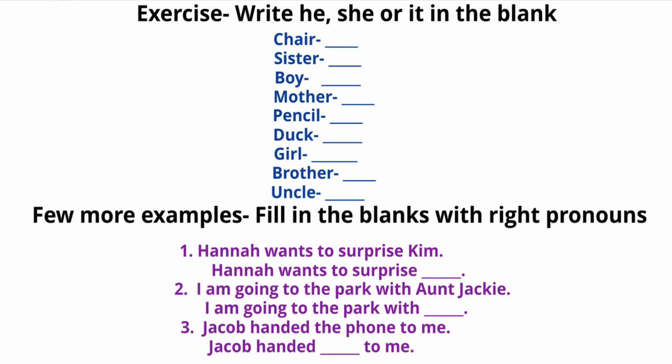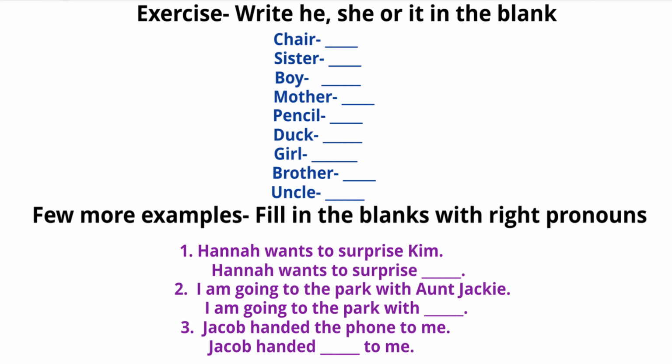Fill in the blanks with the right pronouns. Hannah wants to surprise Kim. So we want to replace Kim with a pronoun. What do you use? As Kim is masculine, we use: Hannah wants to surprise him. I'm going to the park with Aunt Jackie. You have to replace the noun Aunt Jackie with a pronoun.